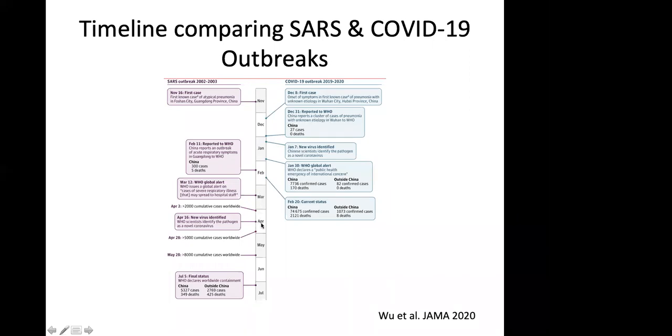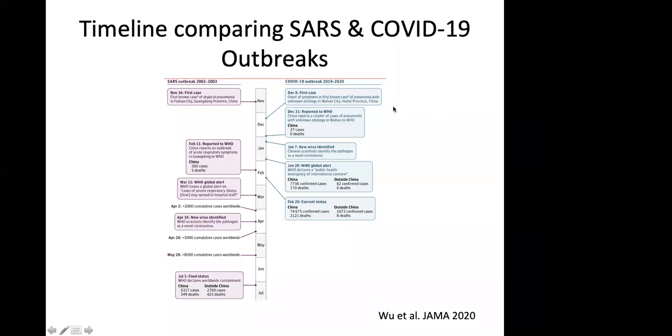The virus was identified in April, so it took a good 5 months to identify that it's novel. And then there were a number of cases worldwide until finally it was declared contained by the WHO in July.